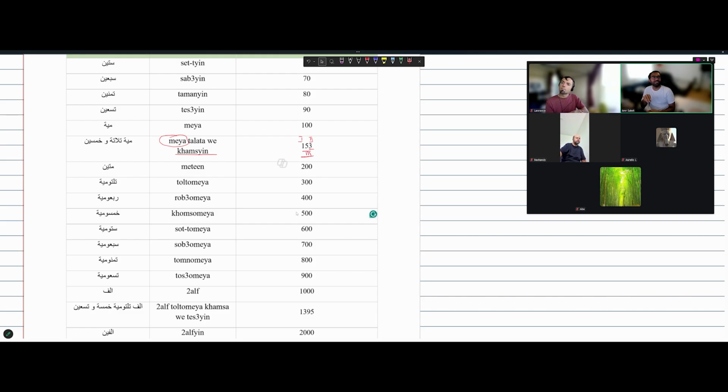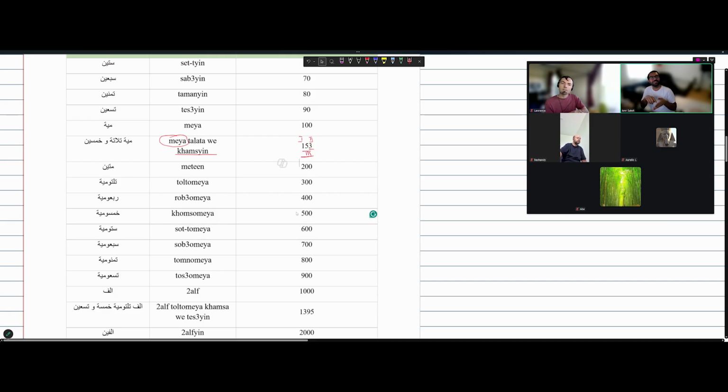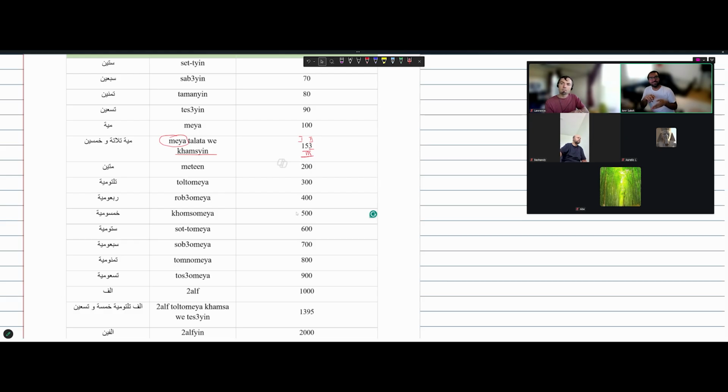So it's actually the opposite of what you're trying to say, because khoms means 1/5. Rob'a, for example, would be 1/4. So somehow the word spelling shifted, so that what we are actually saying is like 1/4 of 100, 1/5 of 100, 1/6 of 100, but it shifted for us to use that to say 400, 500, 600, and so on.